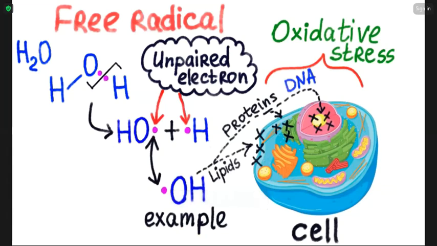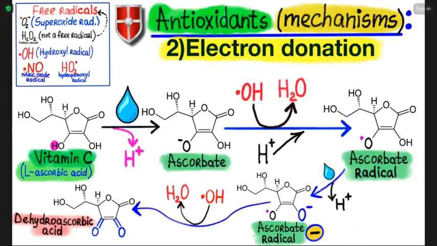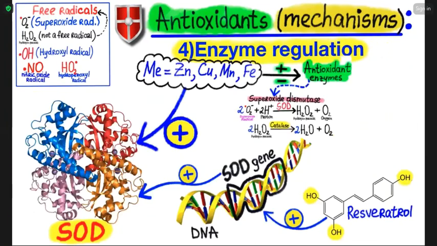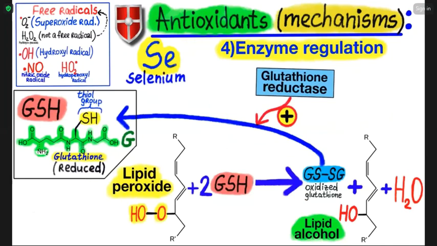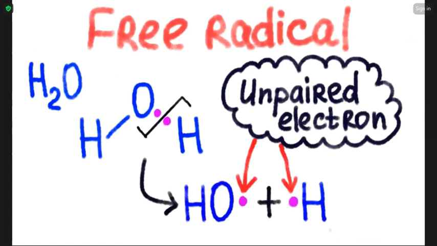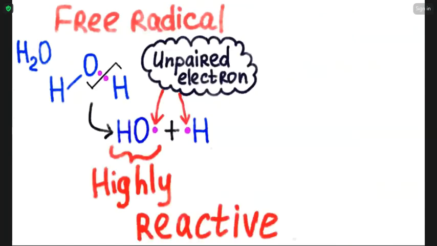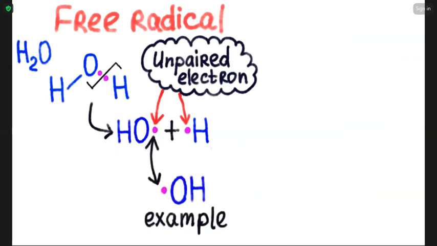In this video, we're going to see what free radicals are and also how antioxidants protect against them. It's going to be an interesting one. A free radical is a highly reactive and unstable chemical species that contains one or more unpaired electrons in its outermost electron shell. These unpaired electrons make free radicals highly reactive because they seek to pair up with other electrons in nearby molecules.